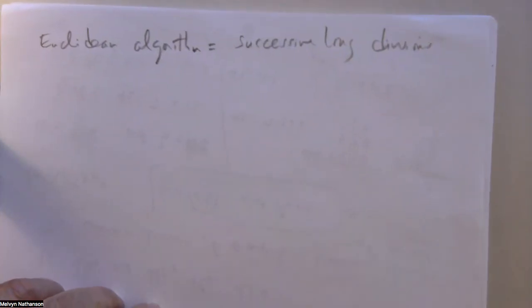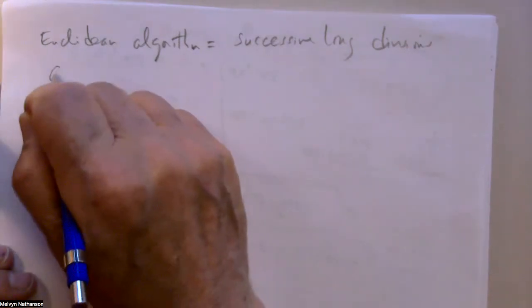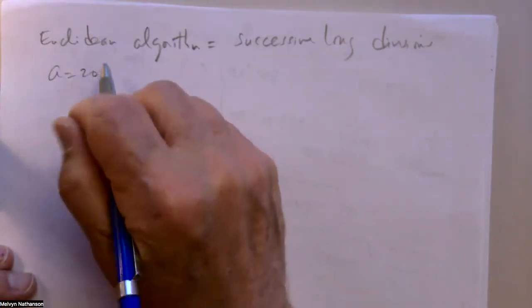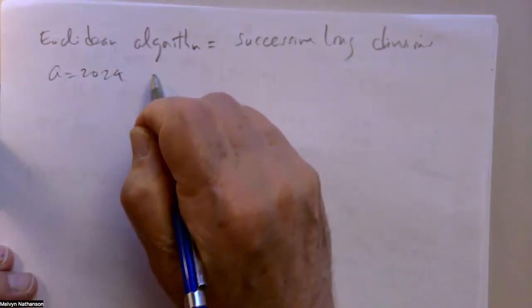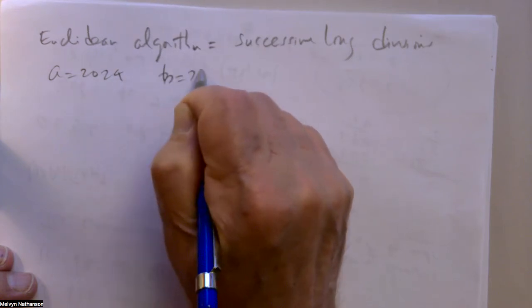For those of you who are in computer science, it's a good exercise, and probably one that you have to do early on in the beginning of learning computer programming, to write a computer program that implements this algorithm. So let's start with the numbers that we looked at earlier, A equals 2024 and B equals 748.